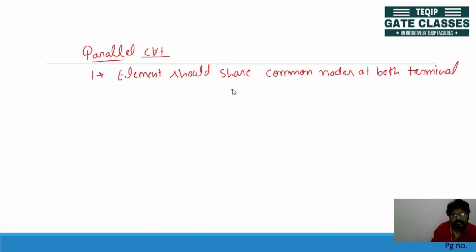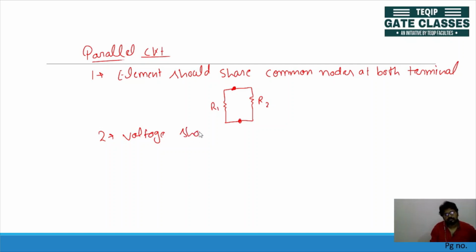Like we have a resistance here, so these two resistances should share a common node, like one terminal is here sharing a common node and the other terminal is here also sharing a common node. And the second condition, the obvious one, is that the voltage should be the same.